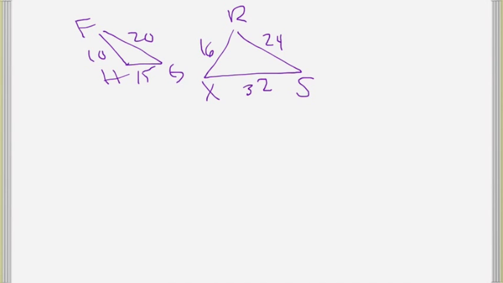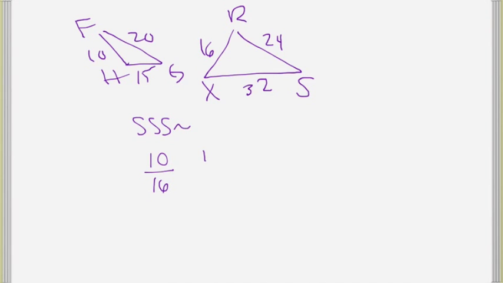So first, given this information, which one of our theorems or postulates would we be applying? Side-side-side, because that's what we know everything about. So we would be applying a side-side-side similarity if this actually works out. Now we want to see, does it work out? So we compare small to small, medium to medium, large to large. The small in the first is 10, and the second is 16.